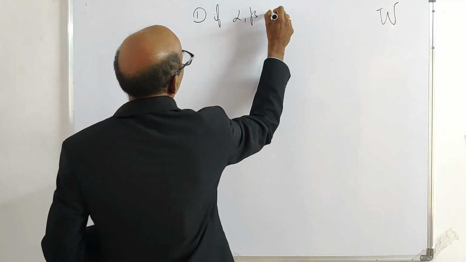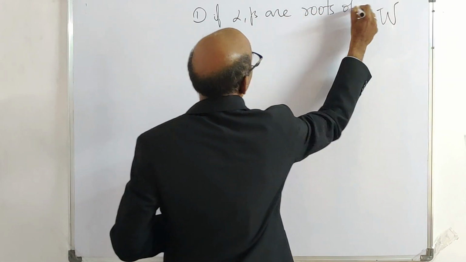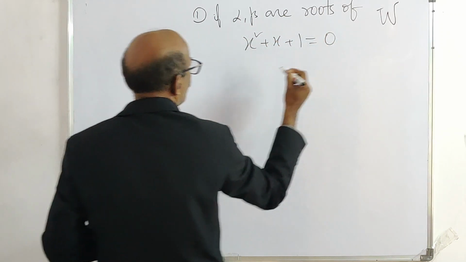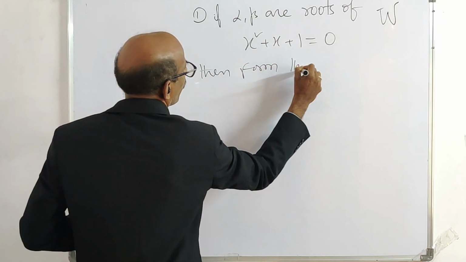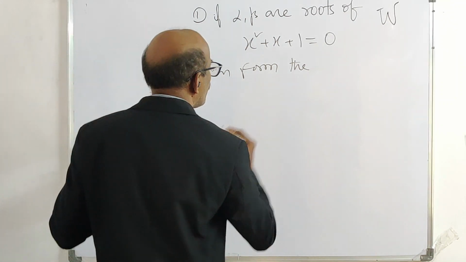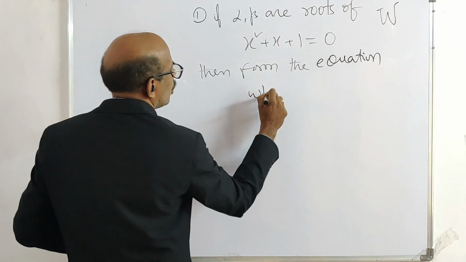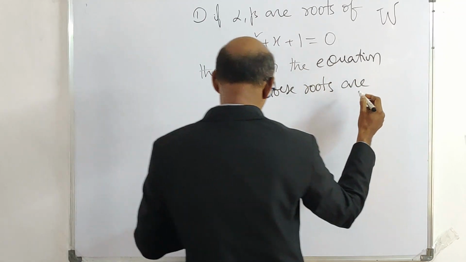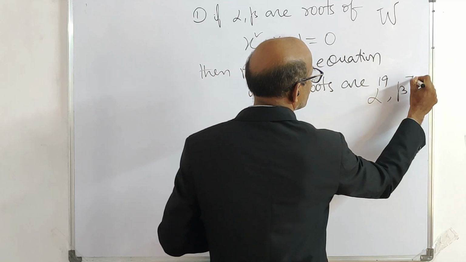If alpha, beta are roots of x square plus x plus 1 equals 0, then form the equation whose roots are alpha power 19, beta power 7.